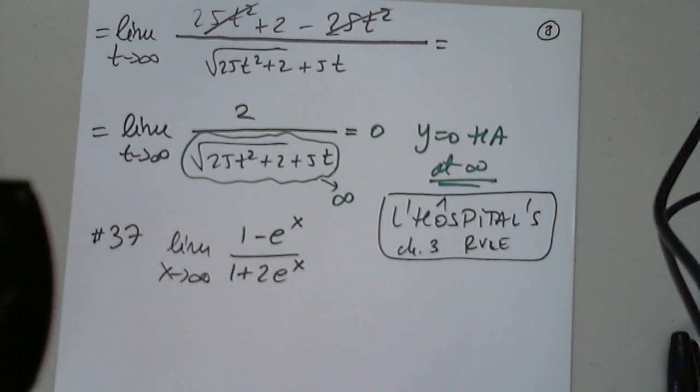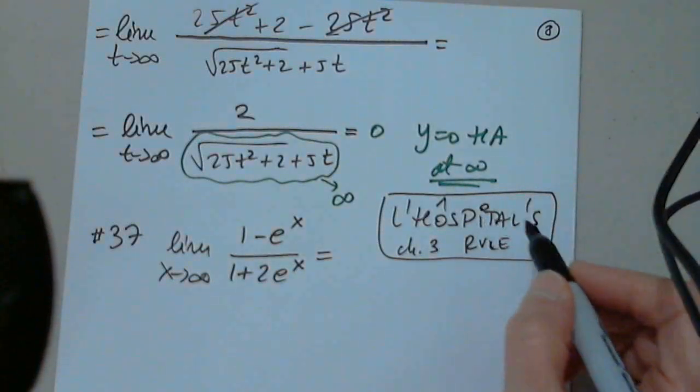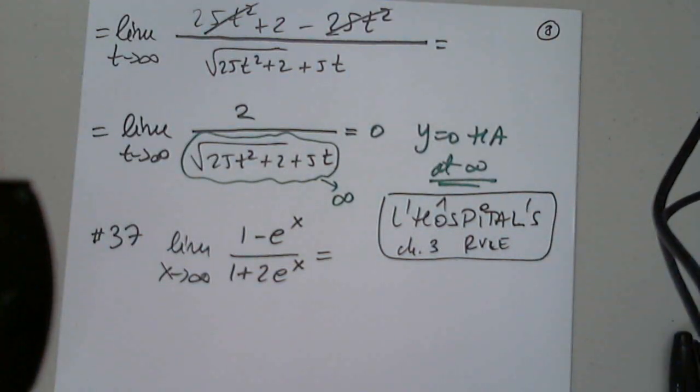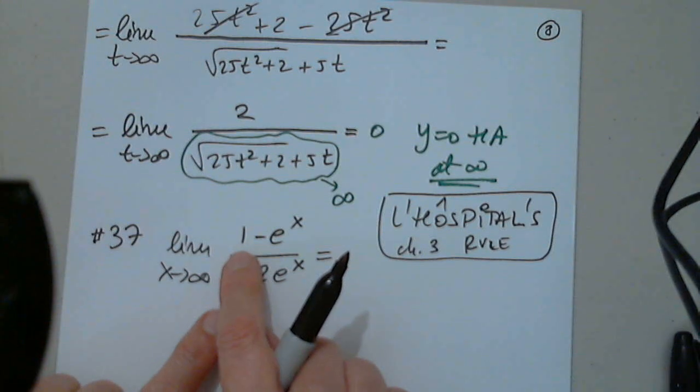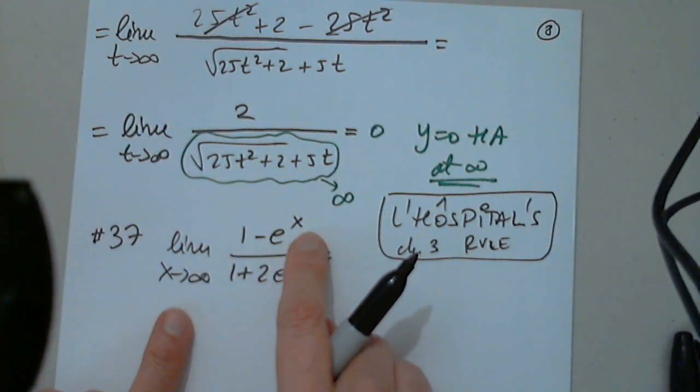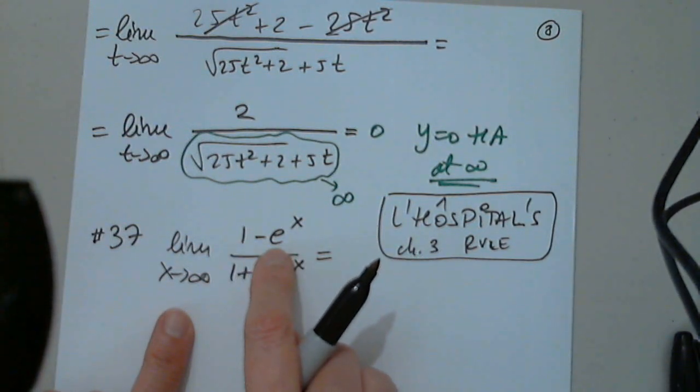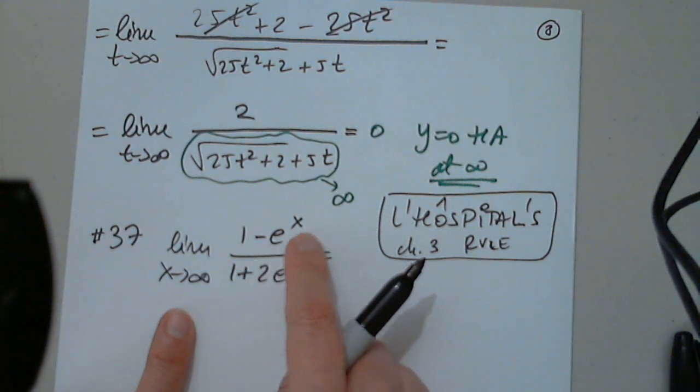Okay, so we're asked to find this limit. What do we do first? Yes. So when x approaches infinity, which of these two is the most powerful? I know you're going to say, of course, it's e to the x.